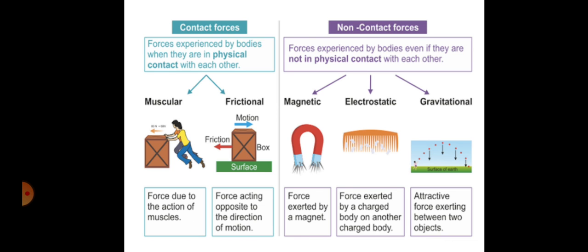Now, in the third case, a magnet, even being away from the nails, attracts them from a distance, hence they are non-contact forces. And electrostatic force, often you have tried to rub a comb on your head and try to pick up bits of paper. This is an example of an electrostatic force, and this is also a non-contact force because the bits of paper and the comb were never in contact.